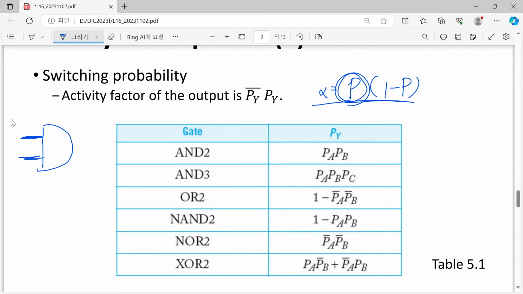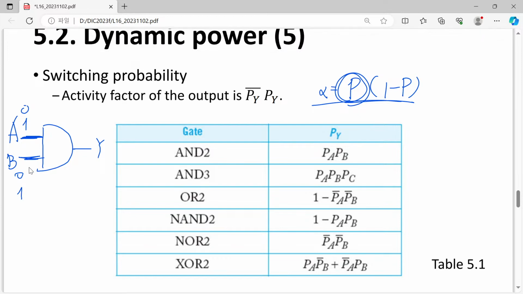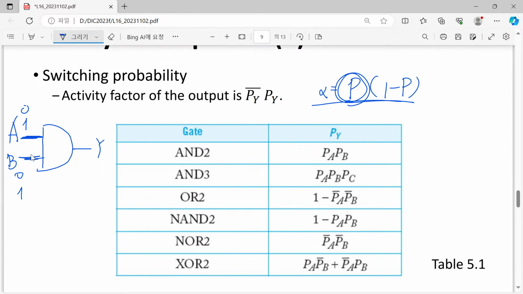So simply speaking, here we have input A and input B, and output Y, and A and B have a probability of 0.5. Let's say 0, 1, 0, 1. Both input variables A and B can have either 0 or 1 with equal probabilities. Then what will happen? We will have 4 different cases, and what is the case for having the output value Y equal to 1?